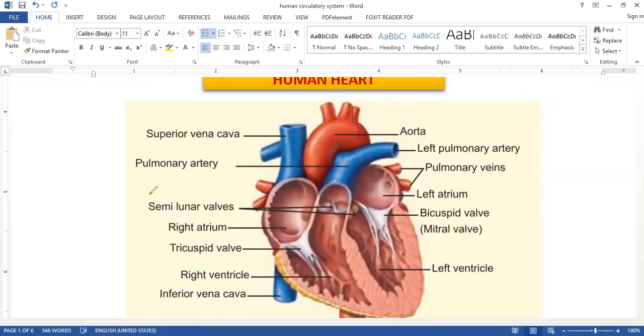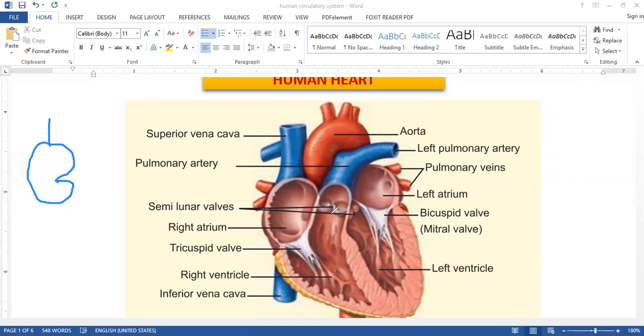Something like, for example, if you have a mango and you cut it lengthwise, you will see something like that. This is the longitudinal cross section picture of the human heart.